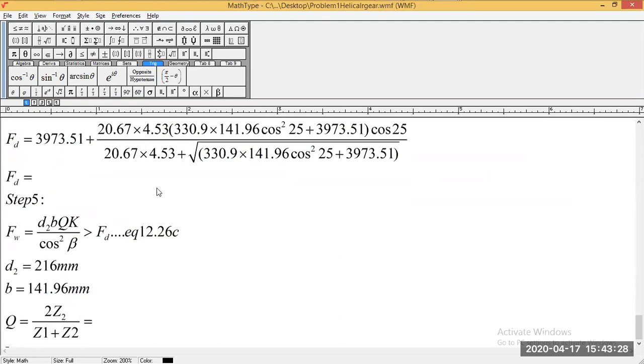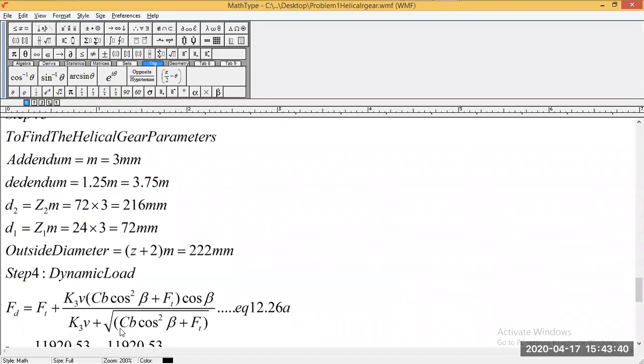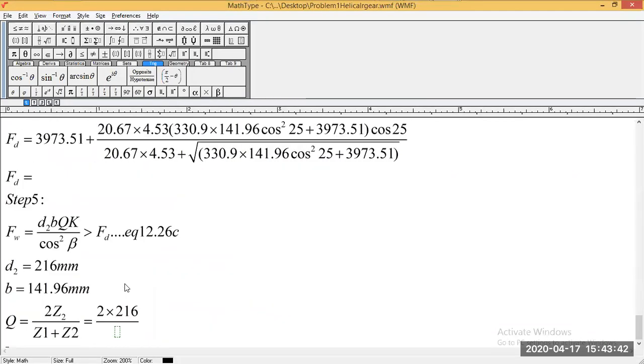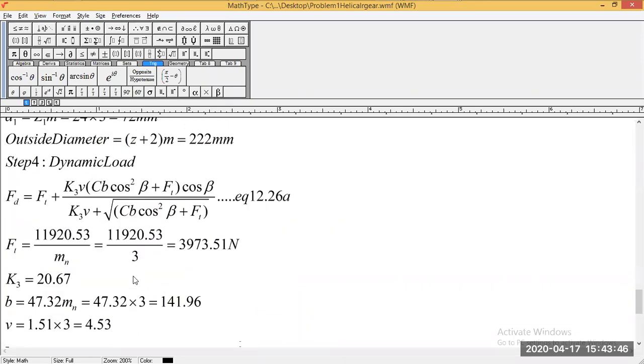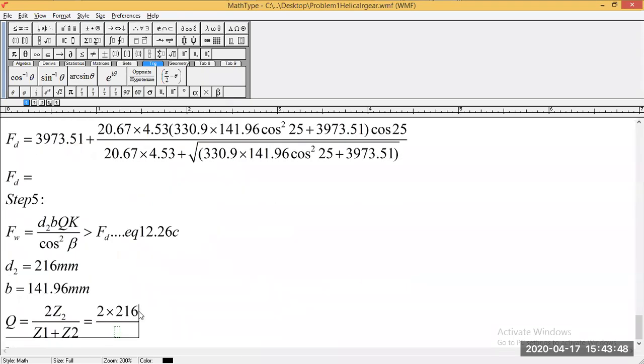So this is equal to, say, 2 into Z2, divided by Z1. Z1 is 24. Right. Z2 is 72, not 216. 72, then 24 plus 72.